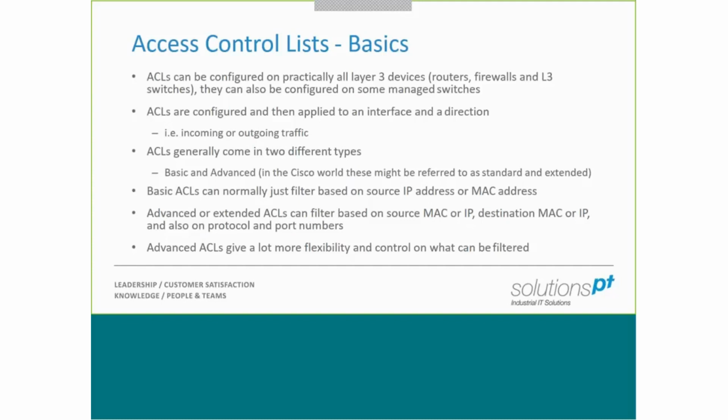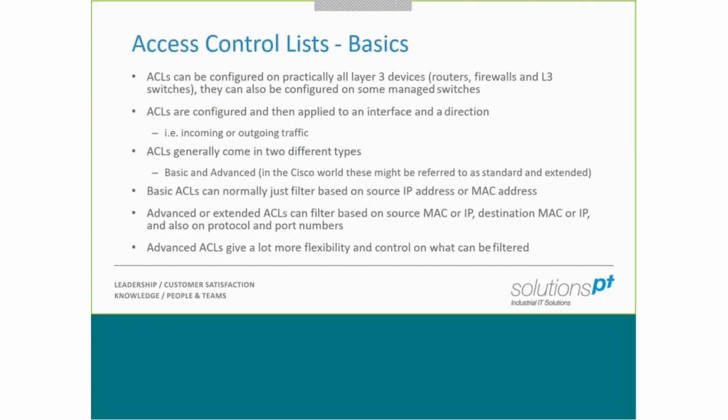Generally speaking, and this is applicable mainly in the Cisco world, we have basic and advanced ACLs. Basic ones only allow us to filter based on the source address, whether that's an IP address or a MAC address. We could also do it based on an entire source IP network, but the important thing to remember is it's only on the source address.